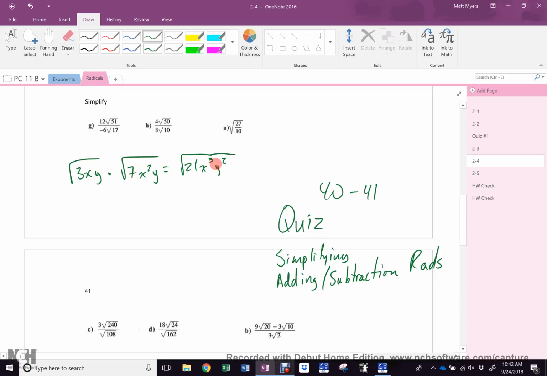And then what would you do with that? You'd bring out how many x's? 1 x. Could you bring out a y? Yes. And what would you leave under there? 21x. I forgot to go over that. Everybody cool? Yes. And you have the rest of the block to finish it up, which is 18 minutes.